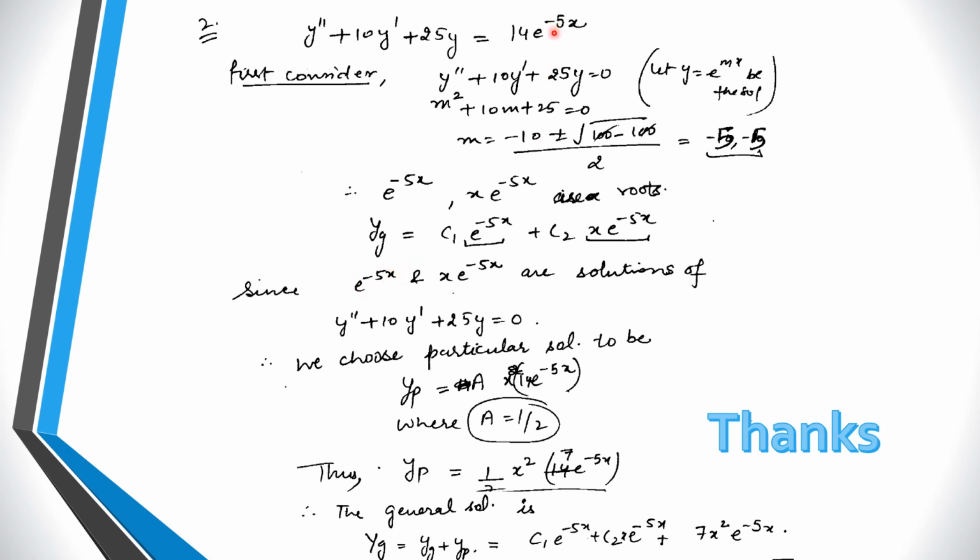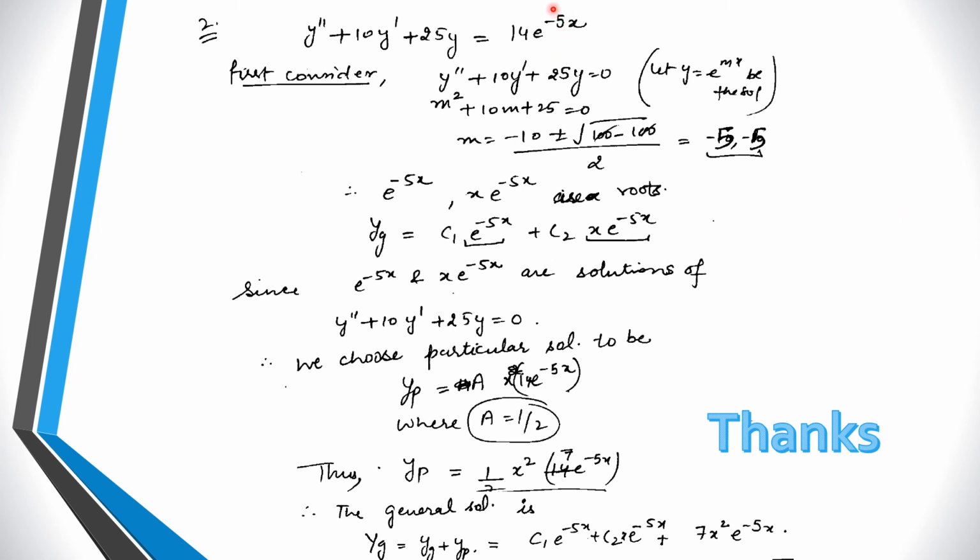So it means it satisfies this left hand side. So you cannot choose yp to be A times e to the power minus 5x, because e to the power minus 5x is a root of m square plus mp plus q. Or you can say a square plus ap plus q will be 0 in this case.